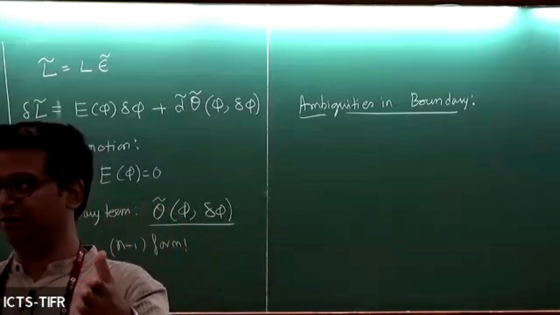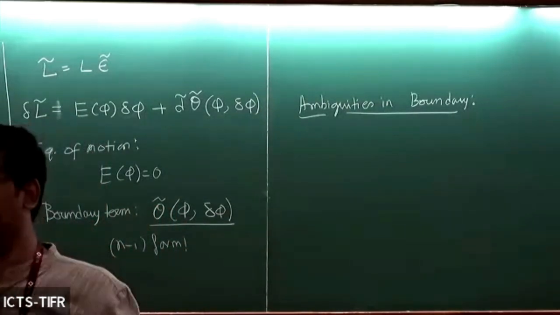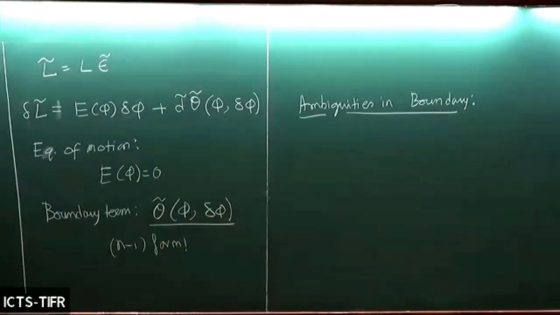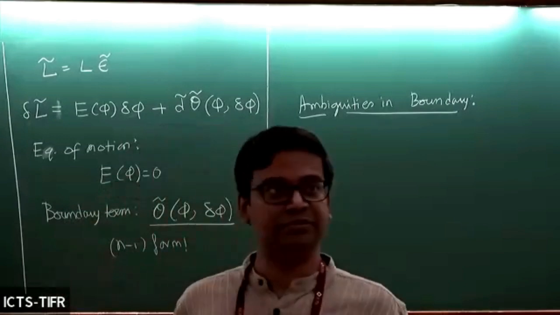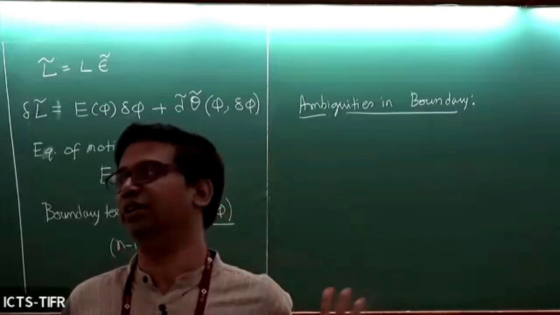For example, from the first law for general relativity, we will show that area is the entropy. Kappa by 2 pi into delta area will be equal to, say, delta M, if we're only looking at static cases, okay? In that case, inside delta, what will come is the area by 4. And we will show, although the Noether charges and Noether currents depend on this ambiguity, they will change if I add new terms in the theta, but the black hole entropy obtained from the first law will be independent of the ambiguity.